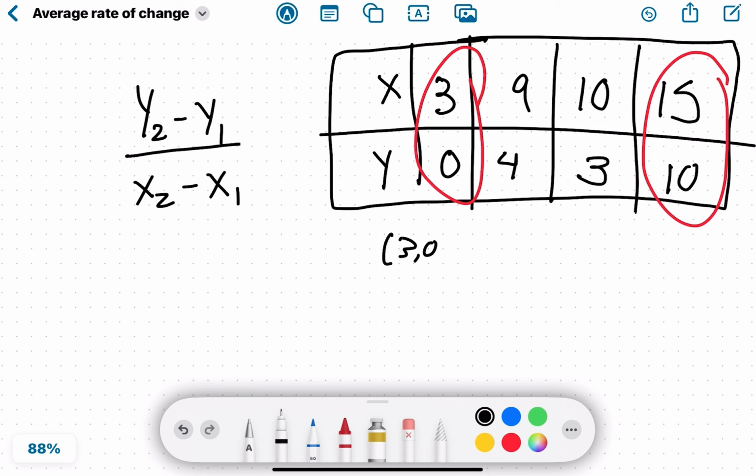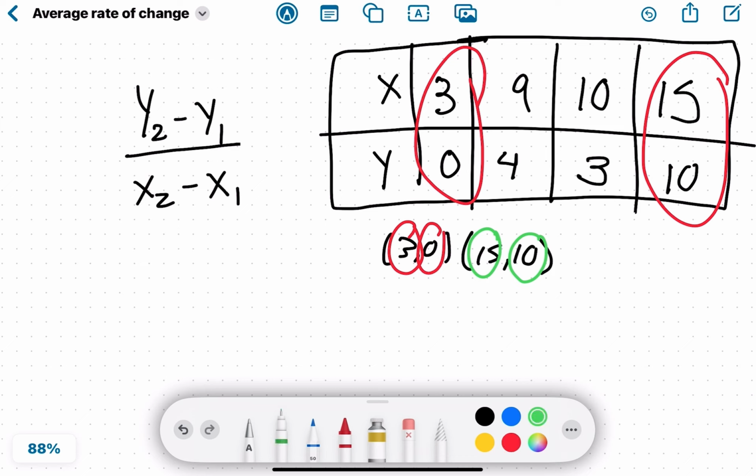3, 0 and 15, 10. We're going to take y2, and this is going to be our y1, and this is going to be our x2, and this is going to be our x1. And then we plug it in.